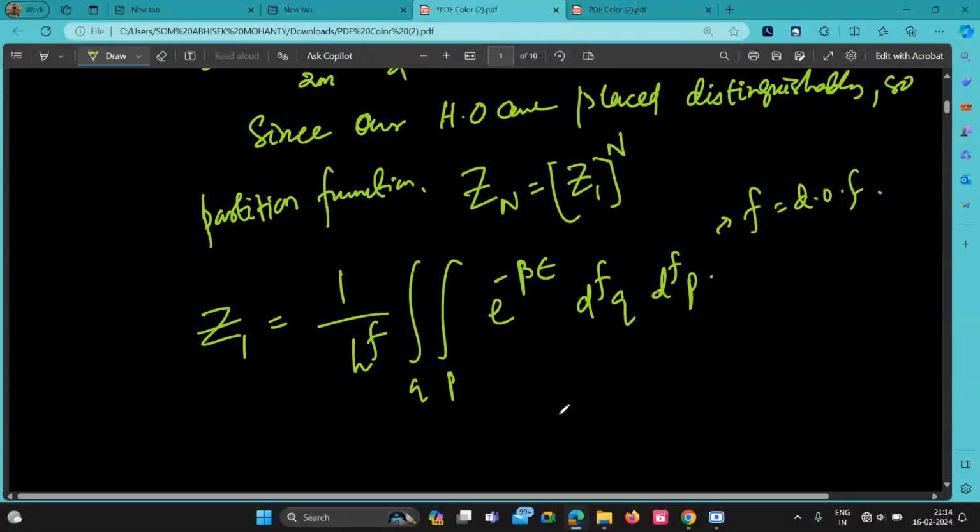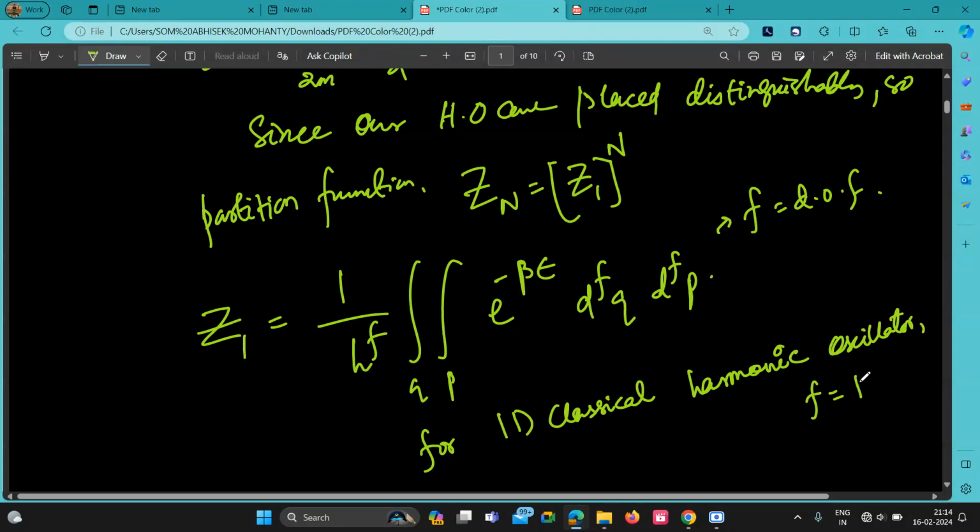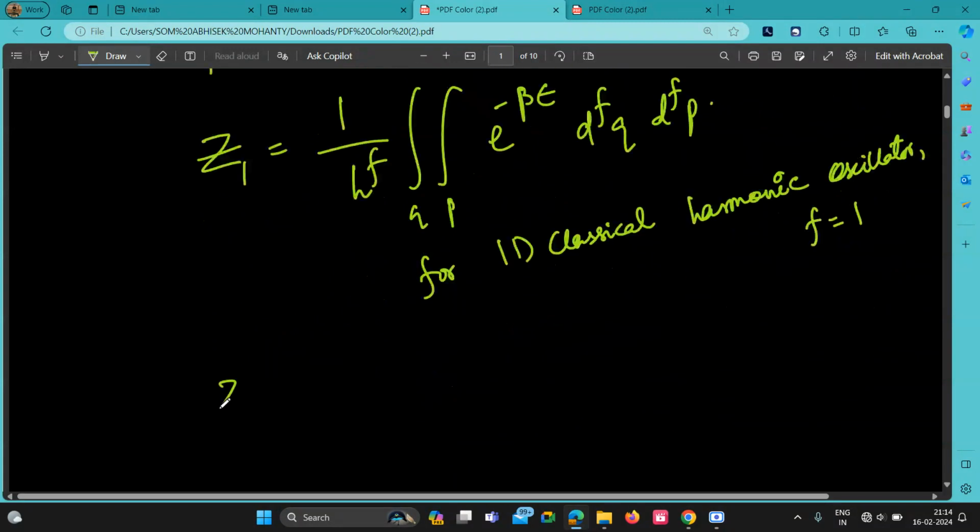For a 1D classical harmonic oscillator, f is equal to 1. So Z1 is equal to 1 by h integration dq dp e to the power minus beta e, and the limits will be minus infinity to infinity.